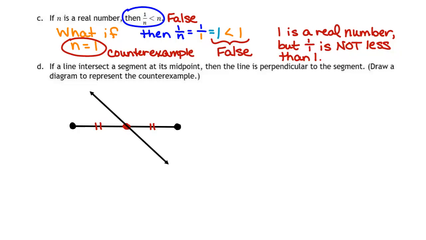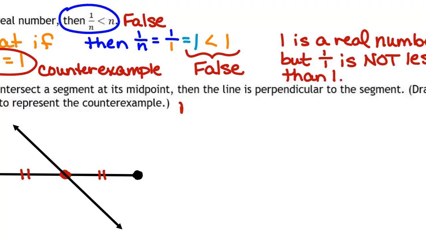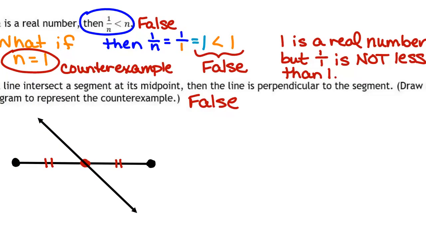I could have it tipped like this. Is that perpendicular? No, because perpendicular means that it has to form a right angle. So this would be false. This picture is my counterexample.